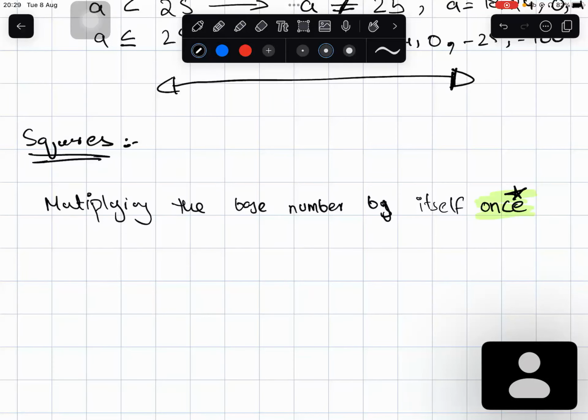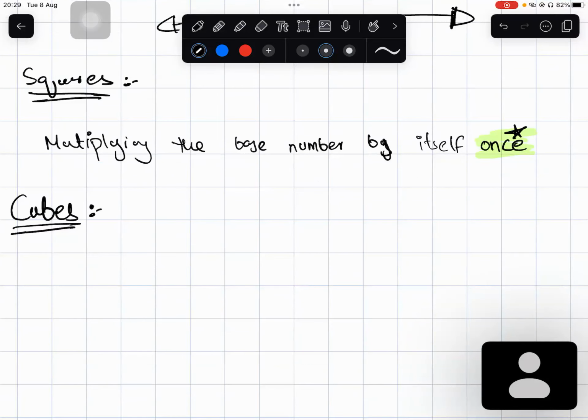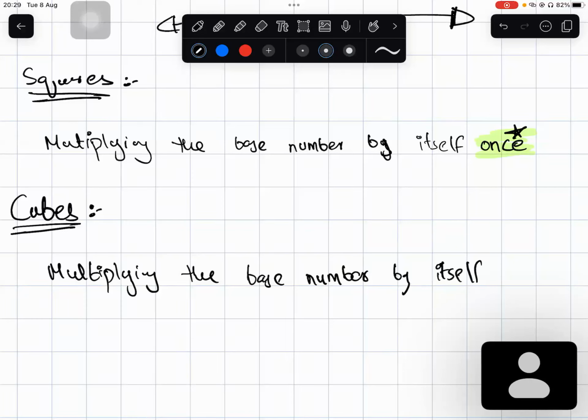And let us just first write the definitions and then we can get to the examples. Cubes. You will understand this more clearly when we do the indices topic, but it's paramount that we understand at least squares and cubes prior to continuing with the course. Multiplying the base number by itself twice.